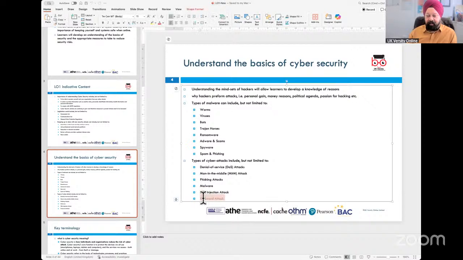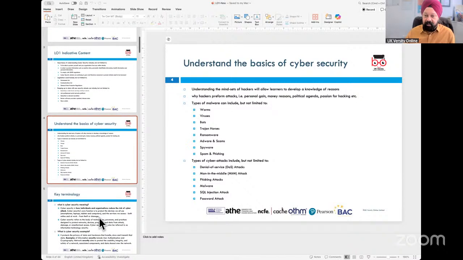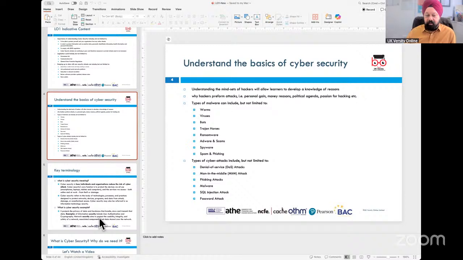And then you have a password attack. Sometimes you're not able to log into your website or your email because somebody has got into your account, executed a program, got hold of your email and changed the password. In such cases, you would typically have a password attack.